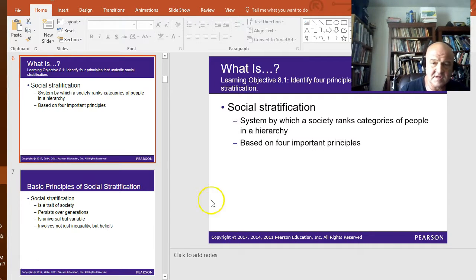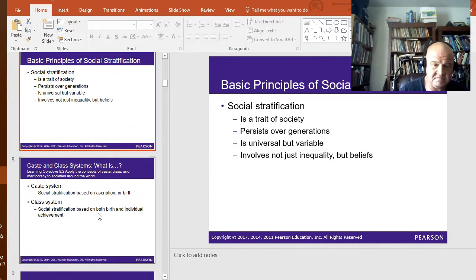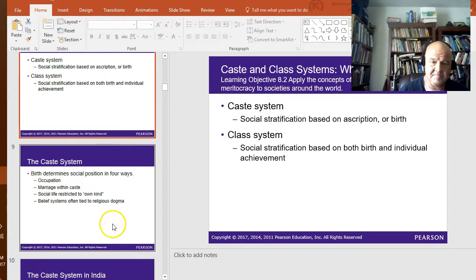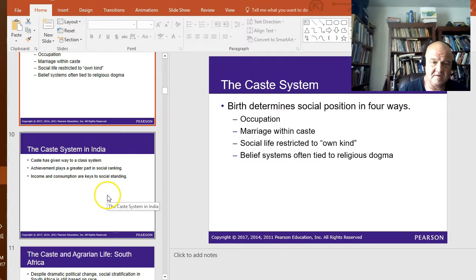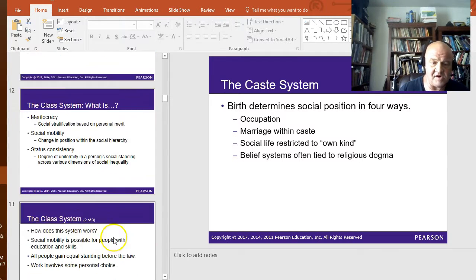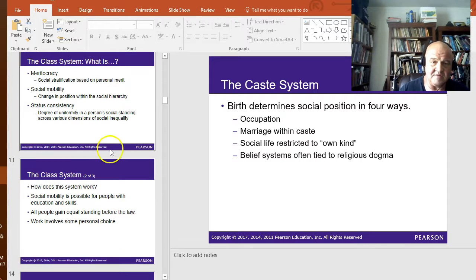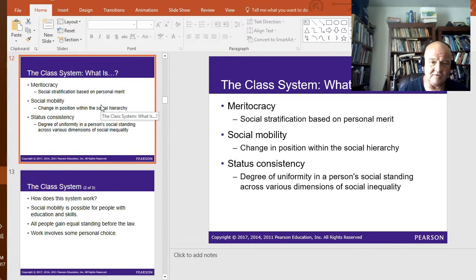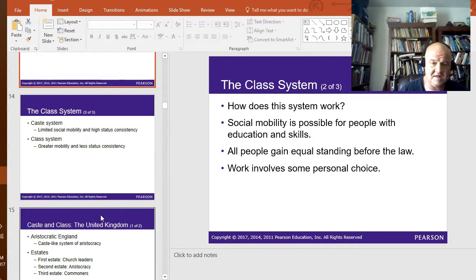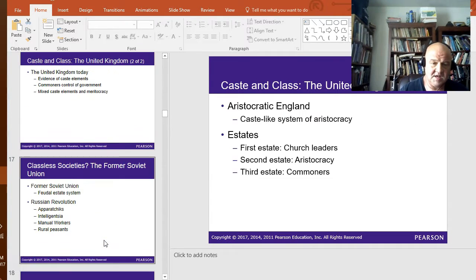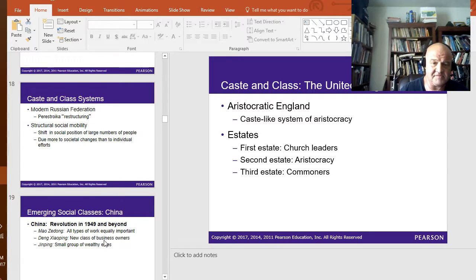Okay? So, slides 6, 7, slide 8, 9, and then we're going to skip over, down to slide 12, you know what a meritocracy is, 13, 14, and then we basically skip down here.